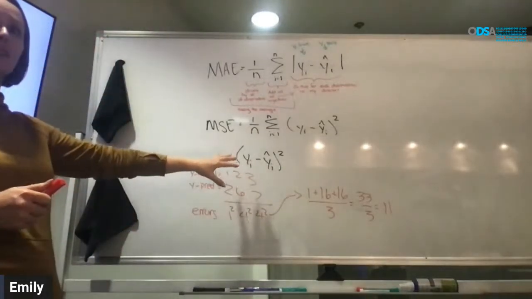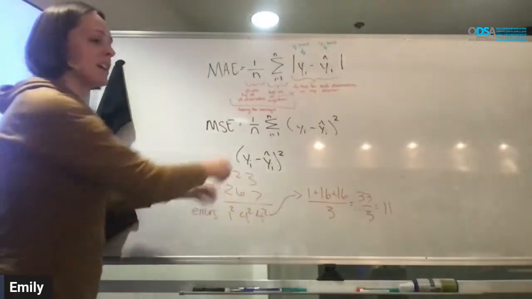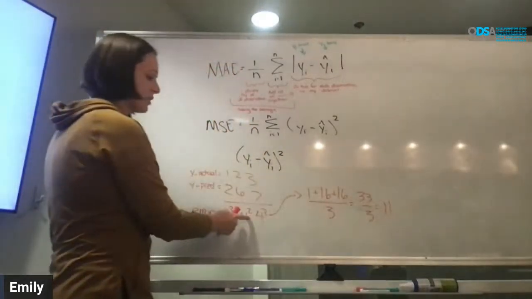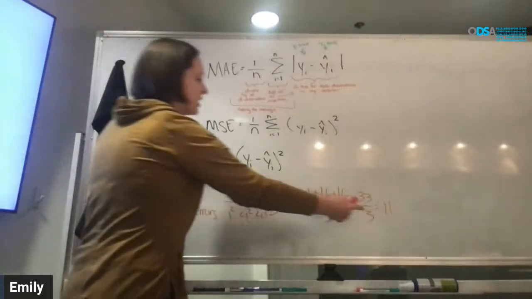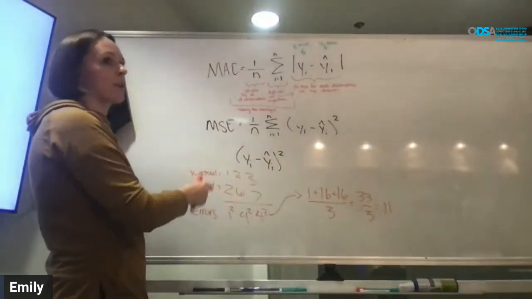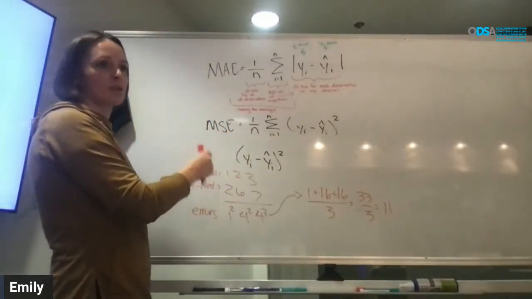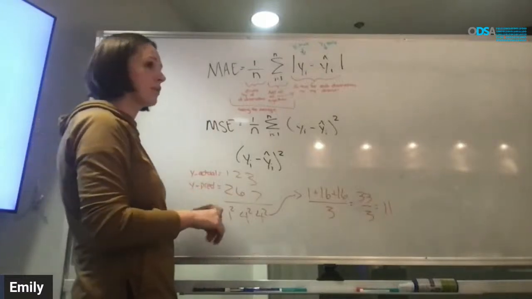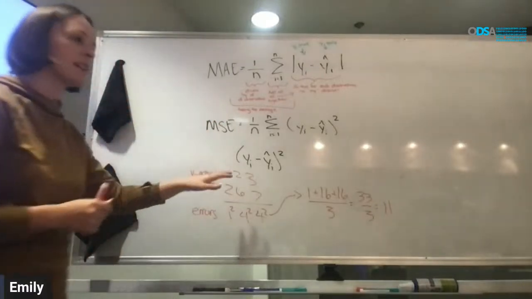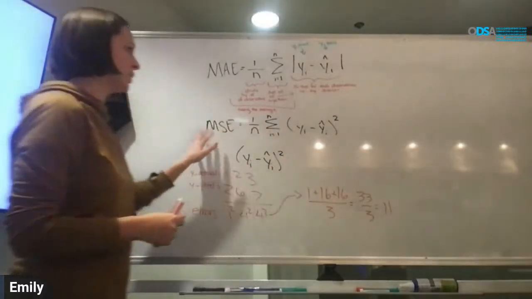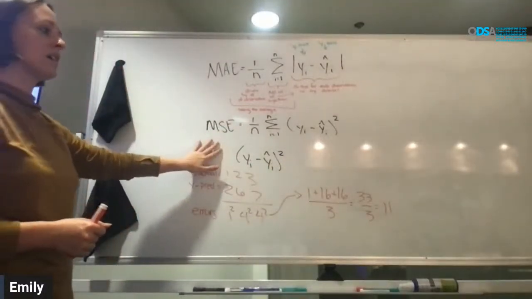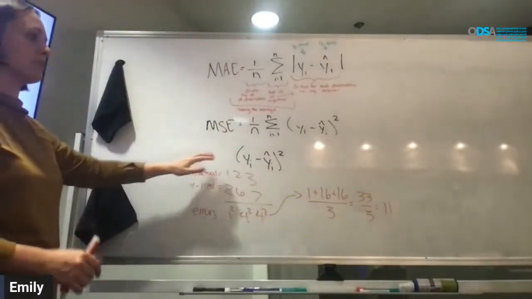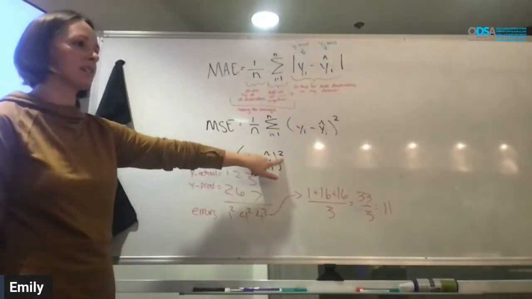But if I put house prices up here, if I put 20,000 and made us off by a couple thousand, you would see that this metric, because we square this here, ends up in the squared scale. So it ends up being the squared number of whatever you're trying to measure. So it's going to be much higher. With mean squared error, you cannot say, my house price was off by $11.